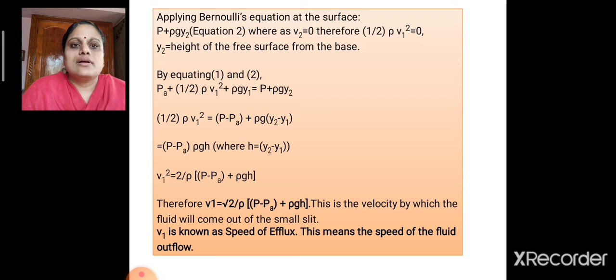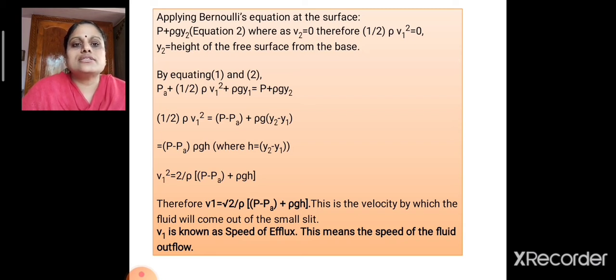That is, P minus PA plus rho G H, where Y2 minus Y1 is taken as height H. From the above equation, V1 square is equivalent to 2 by rho into P minus PA plus rho G H. Therefore, V1 is equivalent to the root of 2 divided by rho into P minus PA plus rho G H. This is the velocity with which the fluid will come out of the small slit.